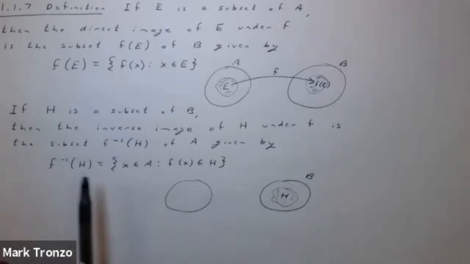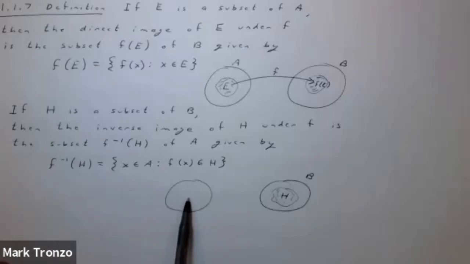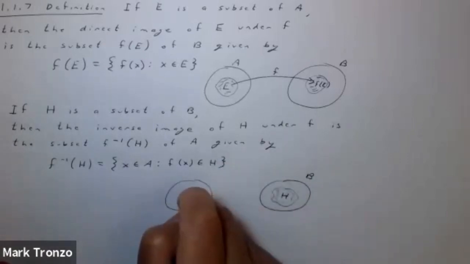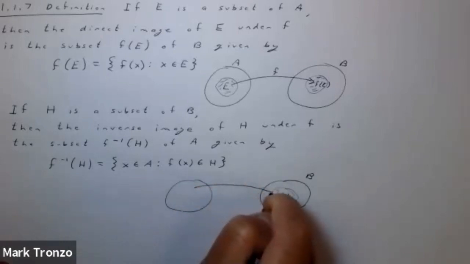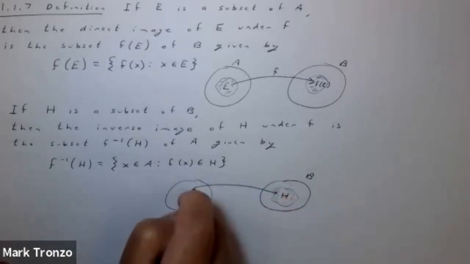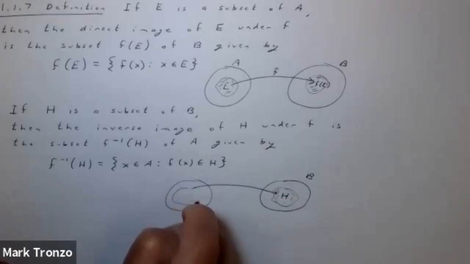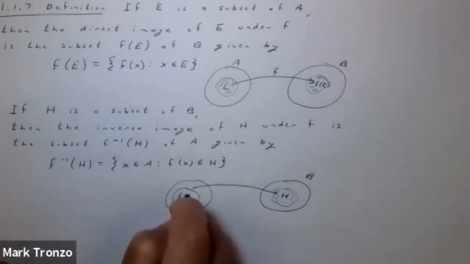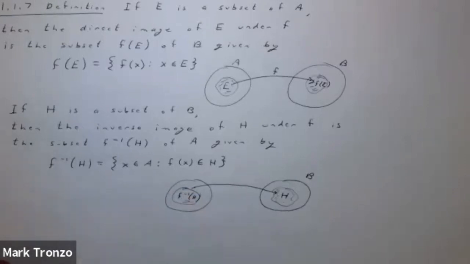In other words, what points of the function did these come from? What x's do you put in your function to get to here? Because remember, the function goes this way. And so you're looking back, trying to figure out what points you put in over here. And that's going to be this F inverse image of H, like that.